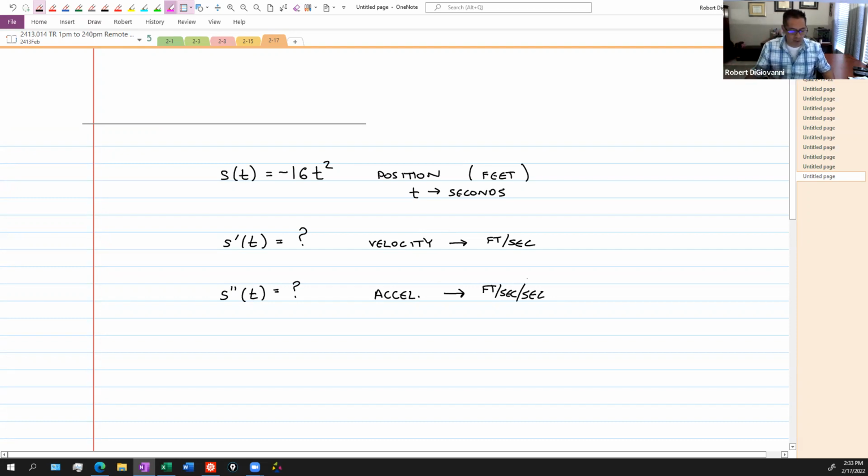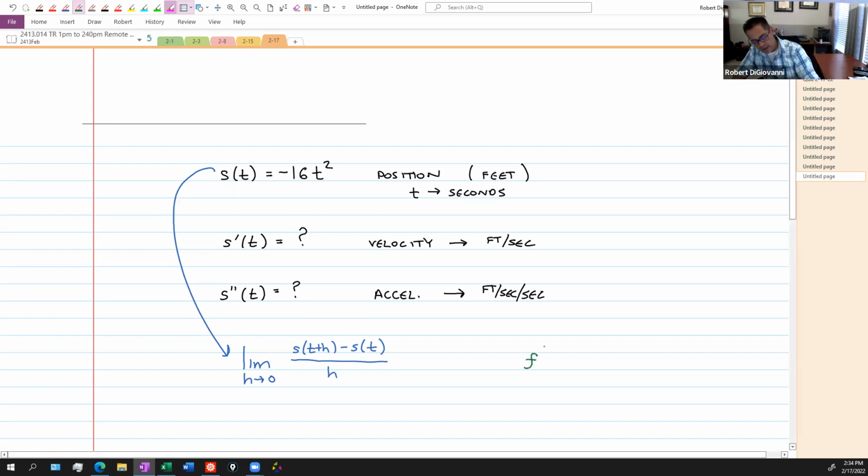I'm not going to have time to do this problem, but you can imagine what you would have to do here. I think maybe you would take the limit as h goes to 0 of s of t plus h minus s of t all over h. So it's basically that same generic formula for the derivative.